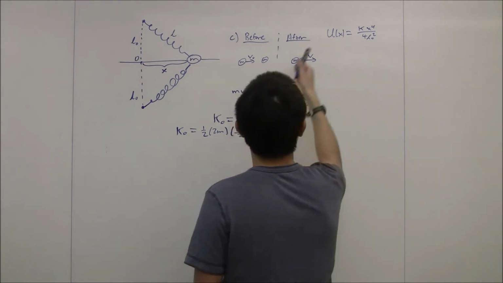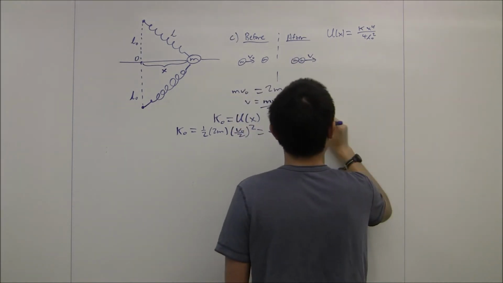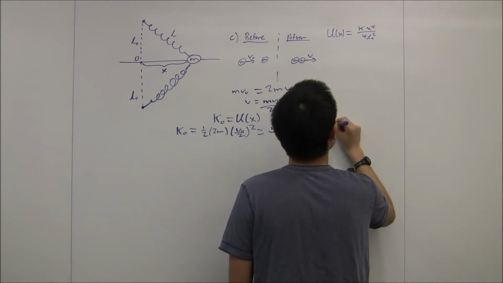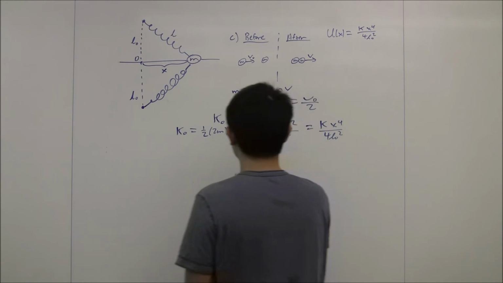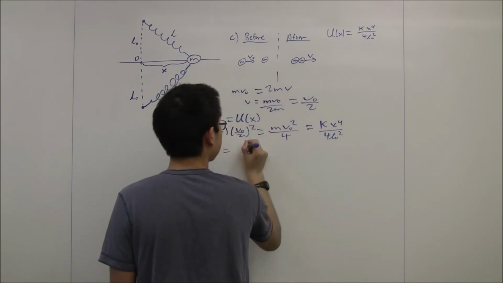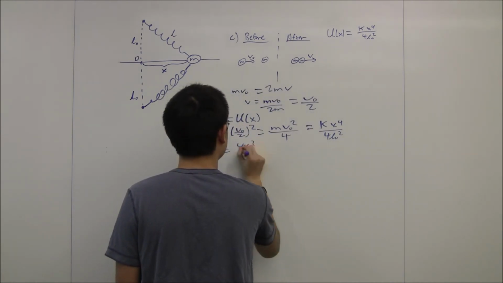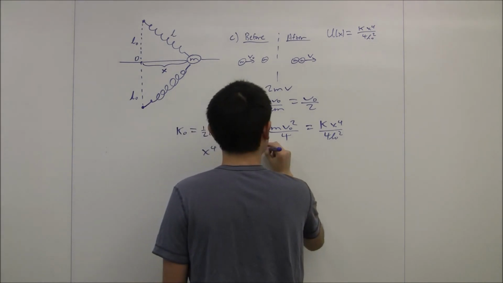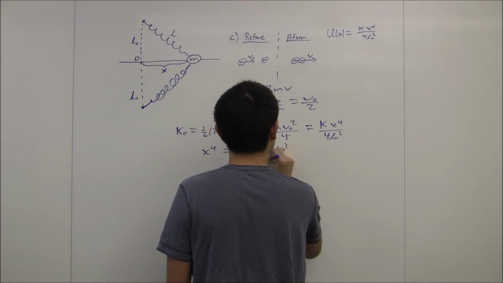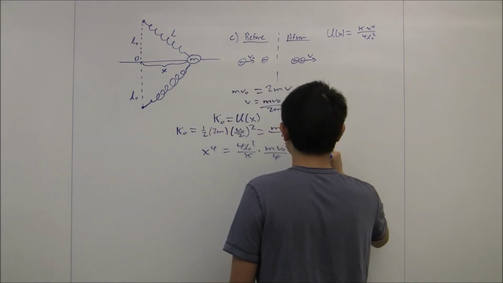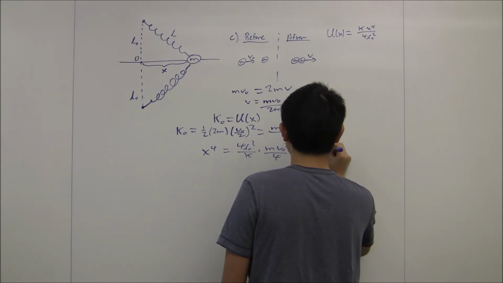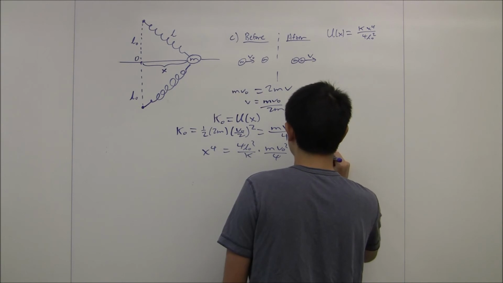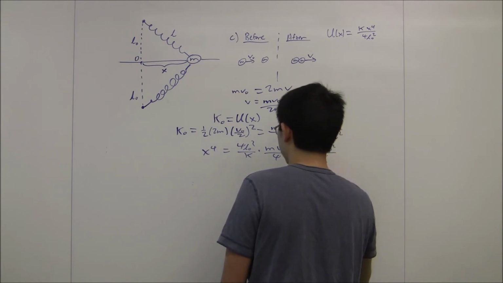And that's going to be equal to the potential energy at x, which is given by k times x to the 4 over 4 L0 squared. So x to the 4 is going to be equal to 4 L0 squared over k times mv0 squared over 4, which is just m L0 squared v0 squared over k.